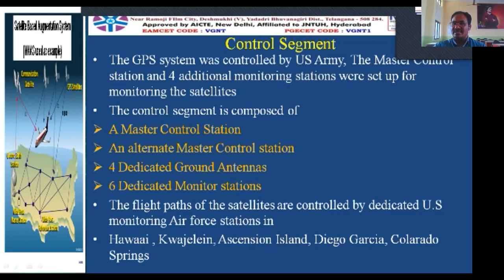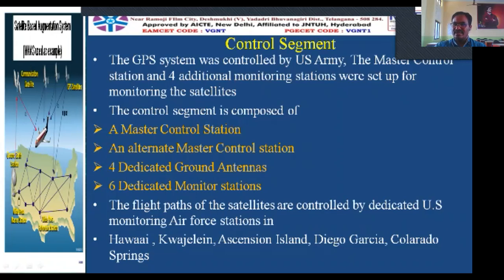The flight paths of the satellites are controlled by the US Air Force monitoring stations in places like Hawaii, Kwajalein, Ascension Island, Diego Garcia, Colorado Springs. These are the city places.